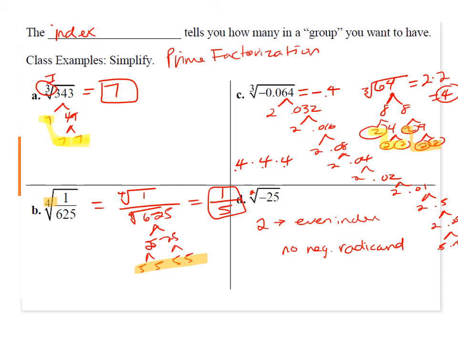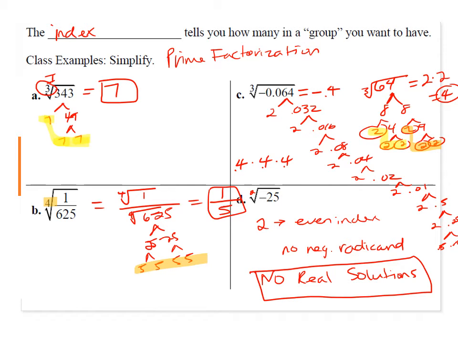And so because of this, my answer is no real solutions. Okay, in our previous unit, we wrote this as an imaginary, but we're simply stating that there's no real solution. If you want to be fancy, you can write plus or minus 5i to show that it's imaginary, but writing no real solution will suffice.